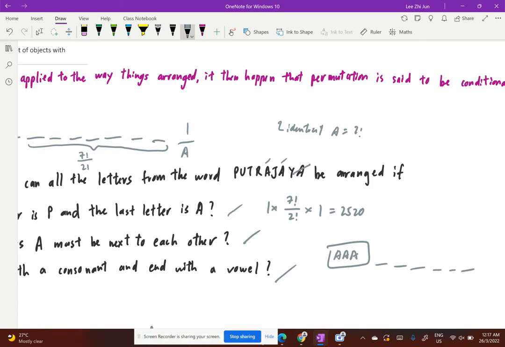Since the 3 A's must be next to each other, I consider them as one column because they are stuck together. One, two, three, four, five, six, 7. So there are 7 places.